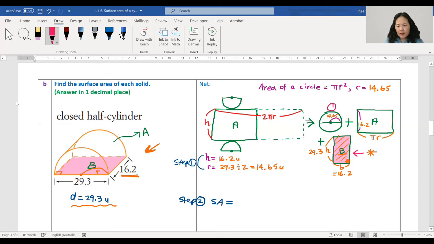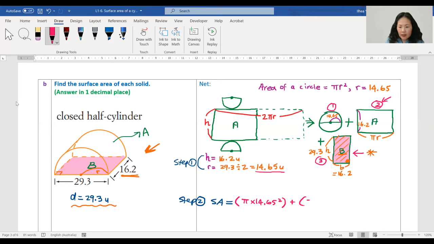That's my first area. That's my second. That's my third area. So let's have a look at the first one. It's a pi r squared. So pi times r, my r is 14.65 squared, plus my area 2 is my rectangle, which is pi r h.